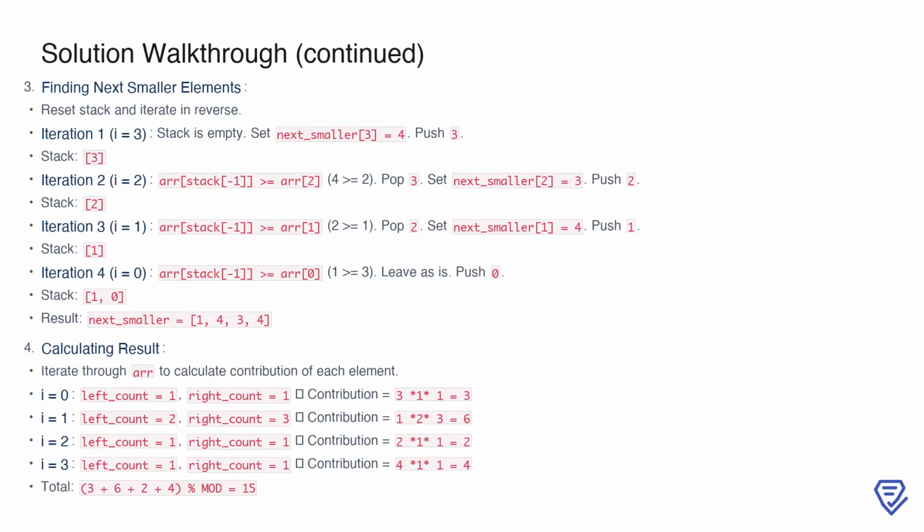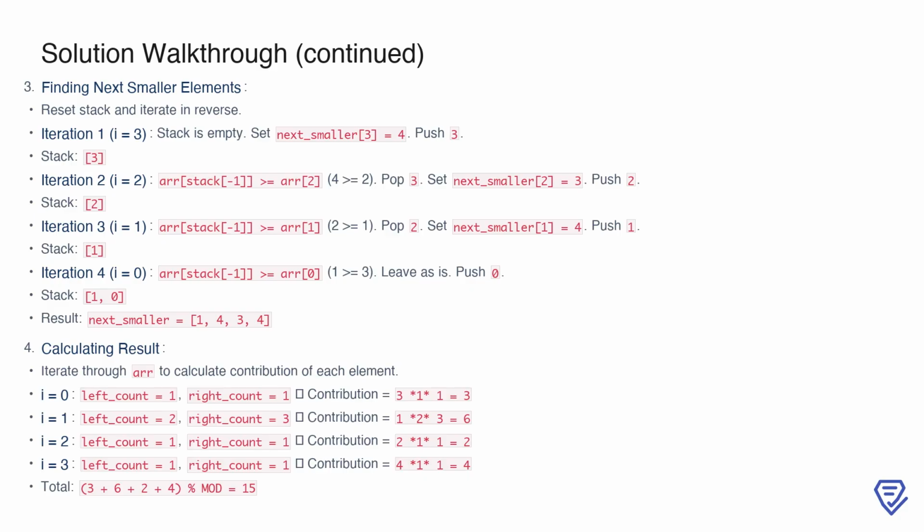Now, we move on to finding the next smaller elements. For this, we reset the stack and iterate through the array in reverse. At i equals 3, the stack is empty, so next_smaller[3] remains 4, and we push 3. At i equals 2, since arr[stack[-1]] is greater than or equal to arr[2], we pop 3, set next_smaller[2] to 4, and push 2.